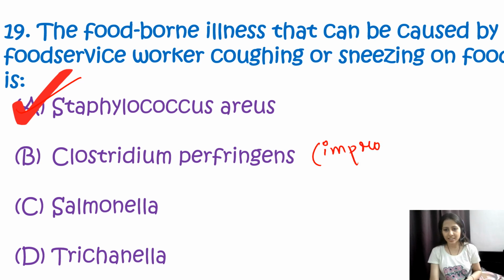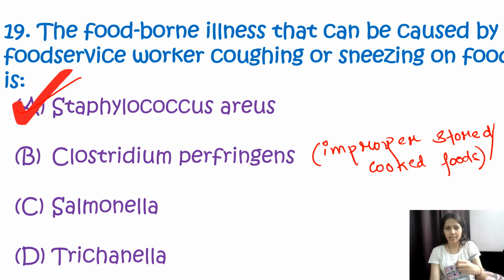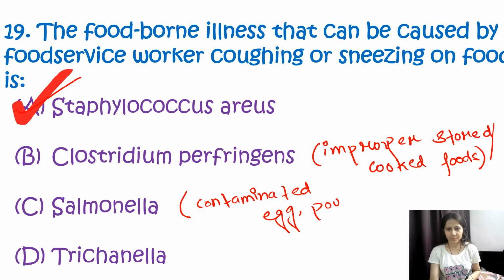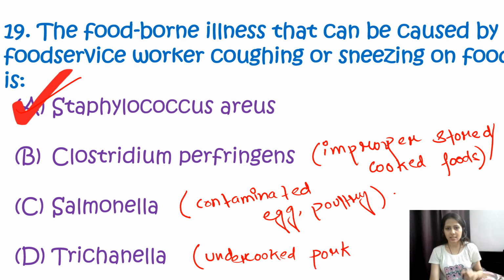Whereas Salmonella is related to contamination of foods such as eggs, poultry, and unpasteurized milk. Whereas Trichinella is associated with undercooked pork or wild game. Sneezing and coughing are not associated with these. So over here the correct option is A, that is Staphylococcus aureus.